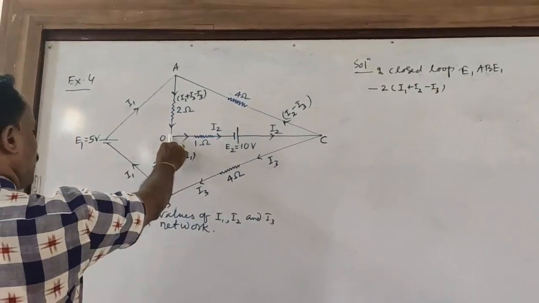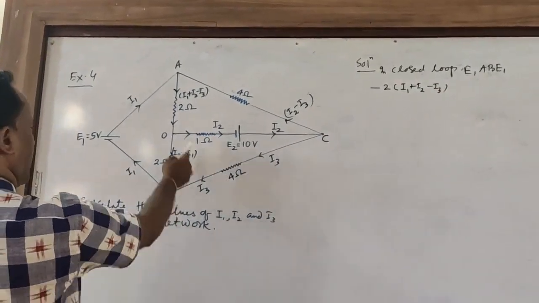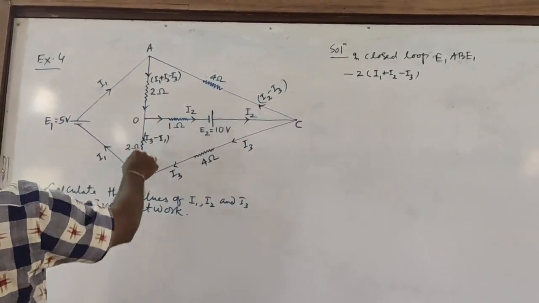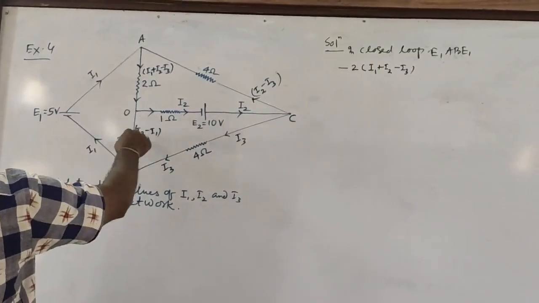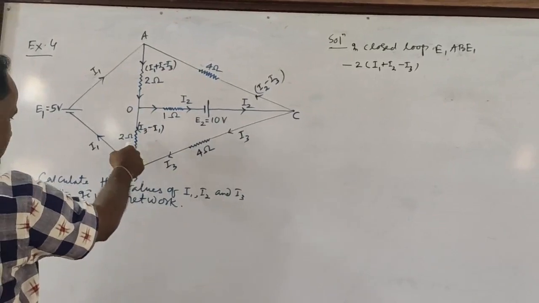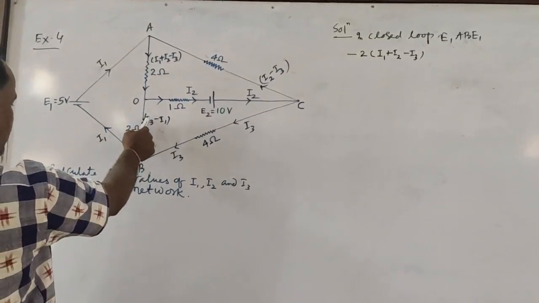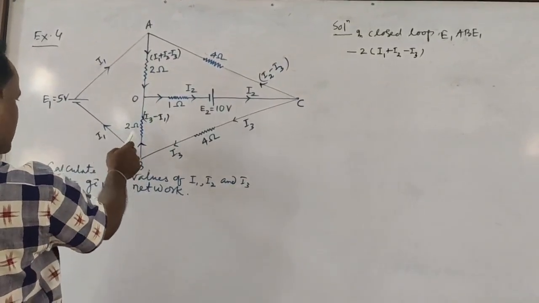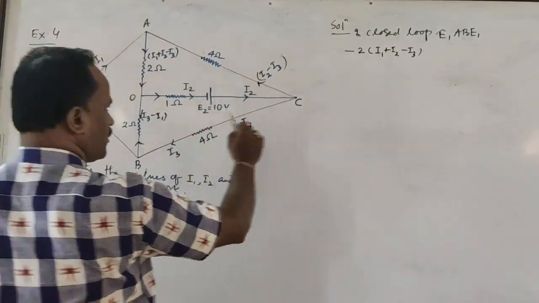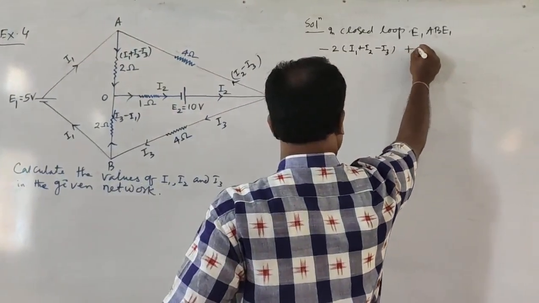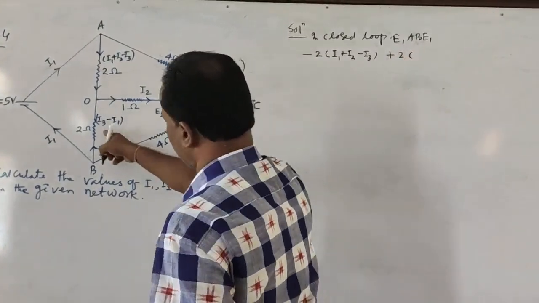Then from O to B, our path is in the direction opposite to the flow of current, so there is a gain of potential through this 2 ohm resistor, taken to be positive: 2 into I3 minus I1.